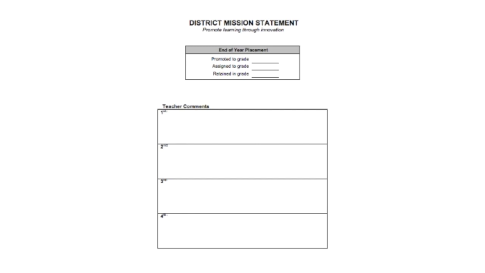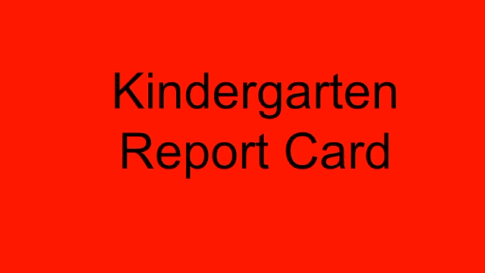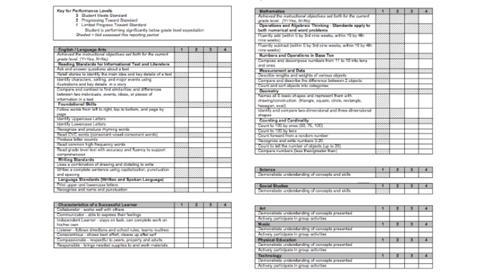Let's take a quick glance at the K, 1, and 2 report cards. Kindergarten report card. You will notice the English language arts, characteristics of a successful learner, mathematics, science, social studies, and fine arts are all listed on this report card. First grade report card.